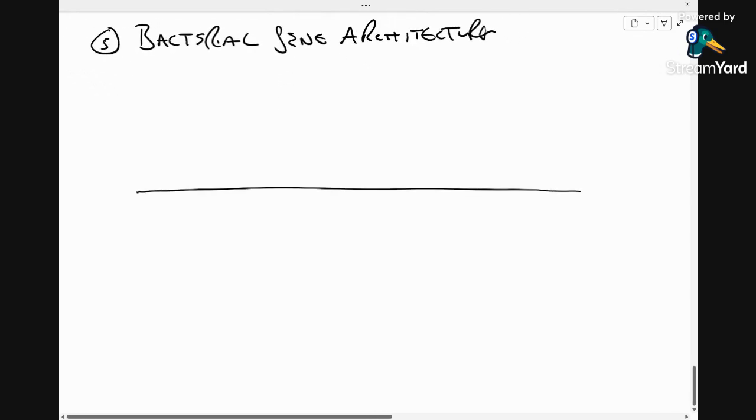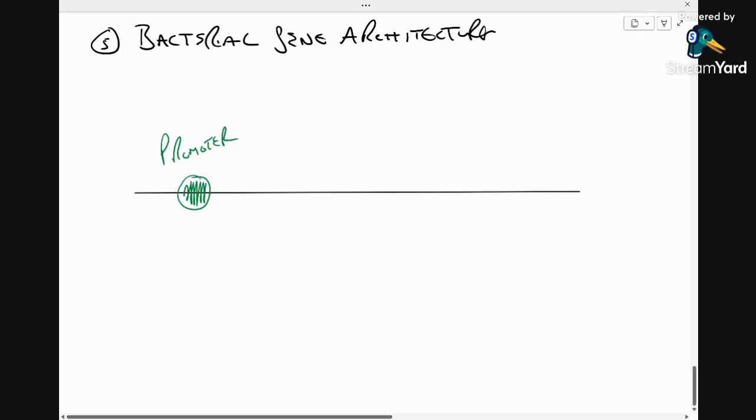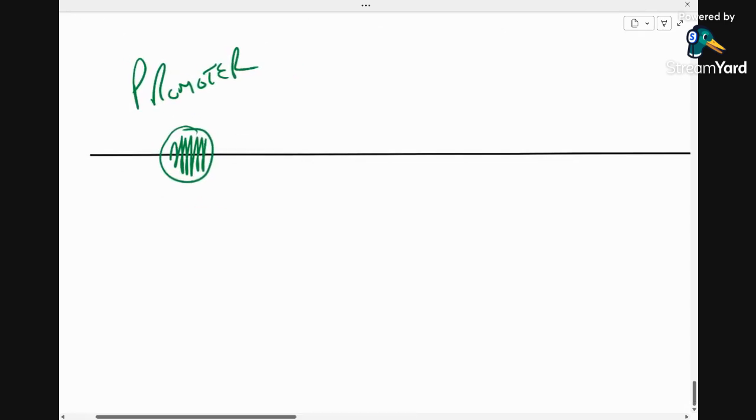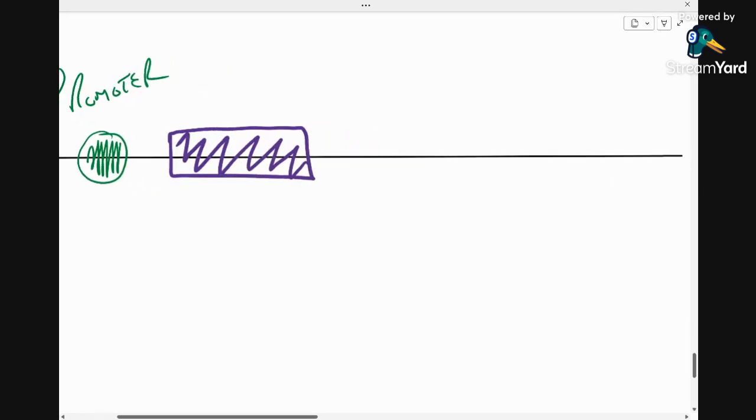So same idea, let's build a gene. And I'm going to go reasonably quickly because it's fairly straightforward. Principles are the same. We have a promoter. And downstream of the promoter, we have a gene. Let's say it's a purple gene here. This is gene 1. But immediately downstream of that, we often have other genes.